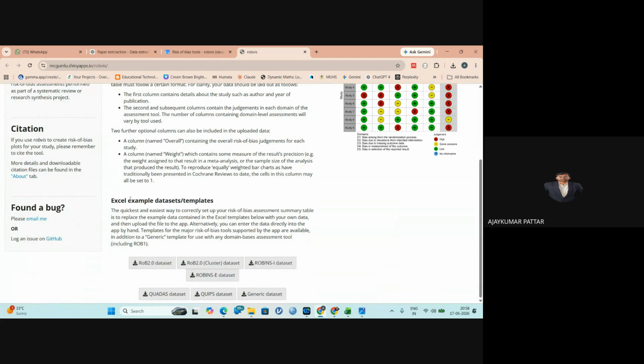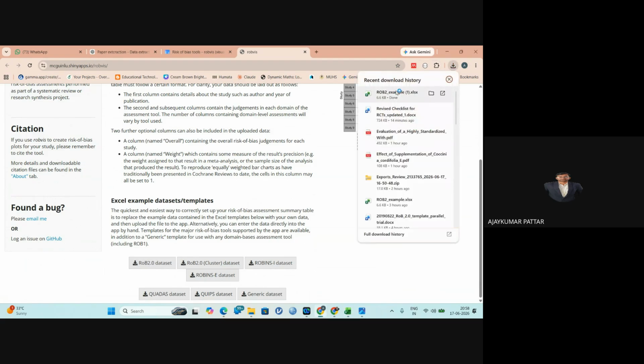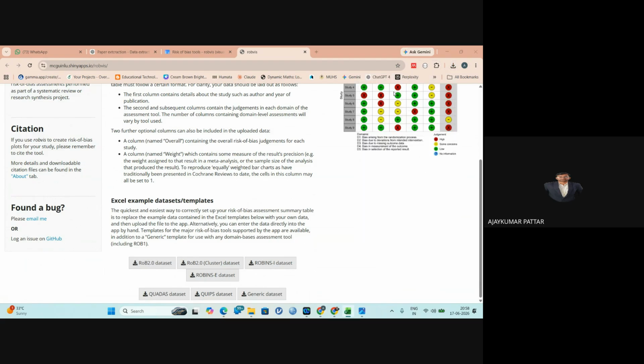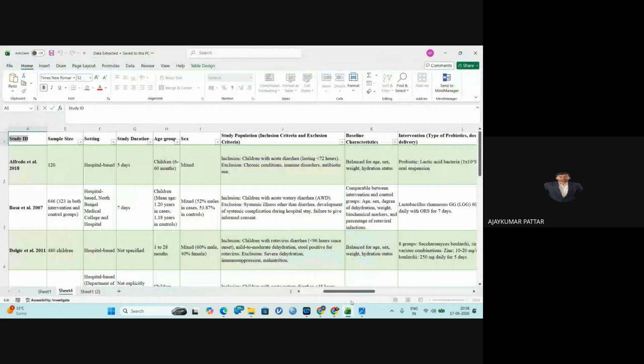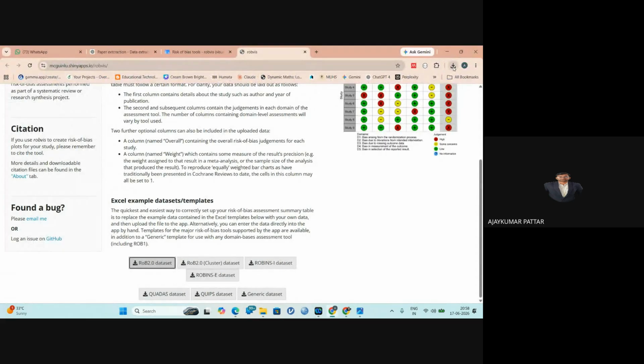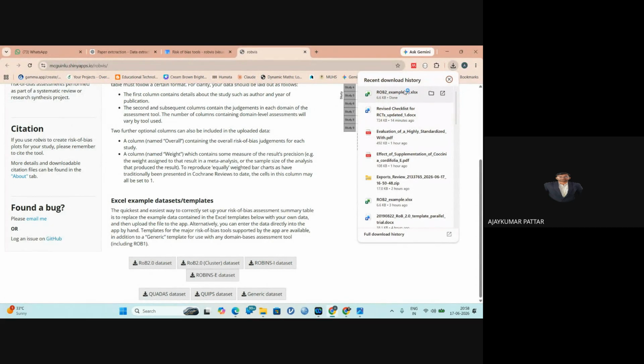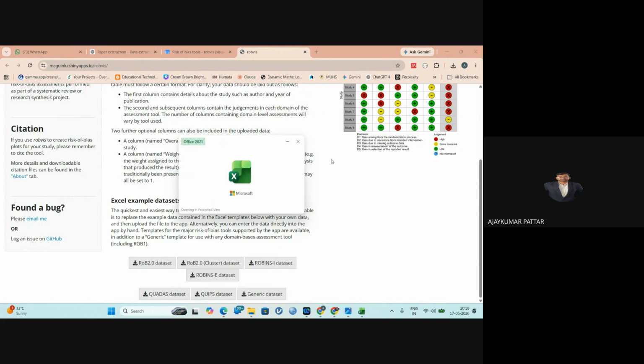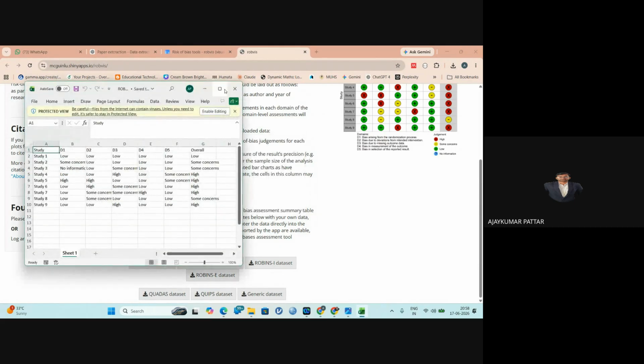So here I will click the ROB2 data set. So it is downloading the ROB2 data set. It is opening.